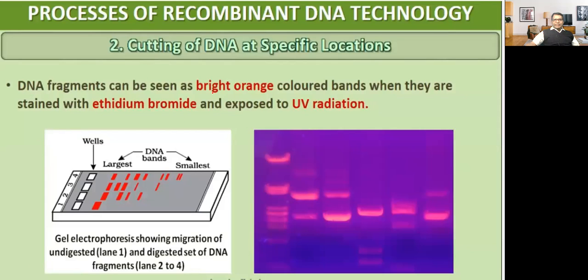DNA fragments can be seen as bright orange colored bands when they are stained with ethidium bromide and exposed to UV radiation. In simple light, we cannot see them, but if you expose the agarose gel under UV radiation, the color will be bright orange. Before seeing them under UV, we have to treat them with ethidium bromide.